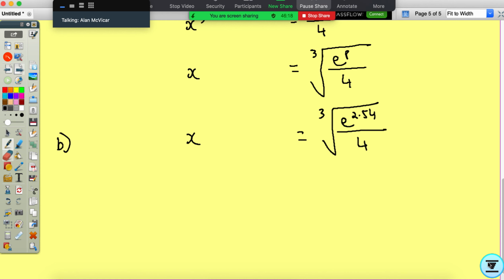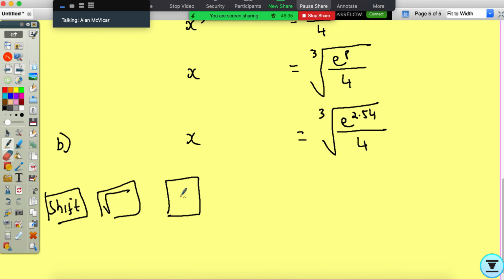Personally, if I was typing this into my calculator, I would be pressing shift, square root, because that gives you the cube root. Then I'd be pressing my wee fraction button. This is only if you've got a Casio calculator, by the way. If you've got a different calculator, you might struggle. The fraction button, which remember is below ABS.